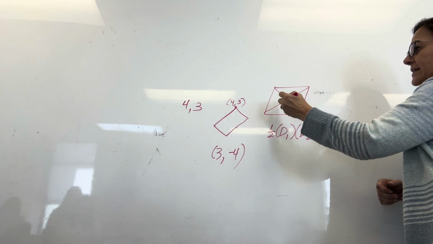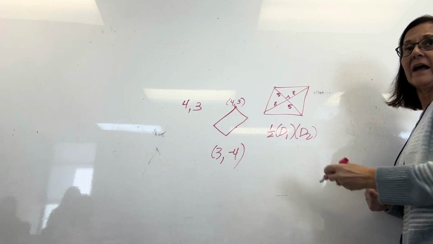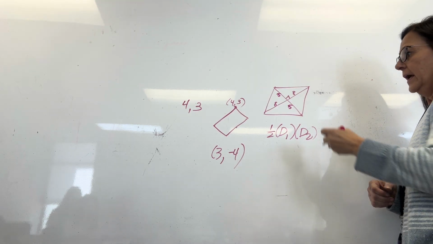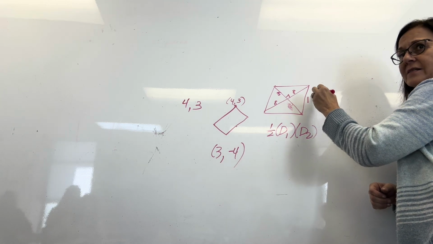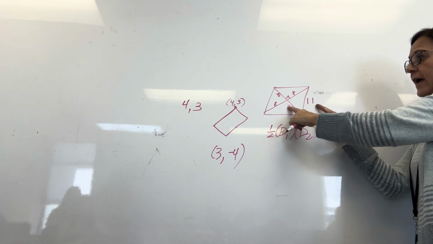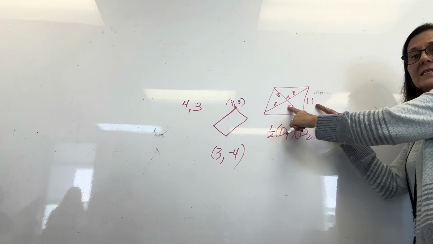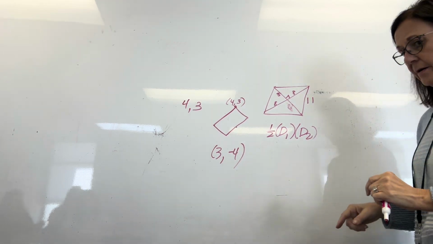If this is 8, that's 8. If this is 5, that's 5. If I don't give you that, and I just give you this, then you calculate the leg using the Pythagorean theorem.